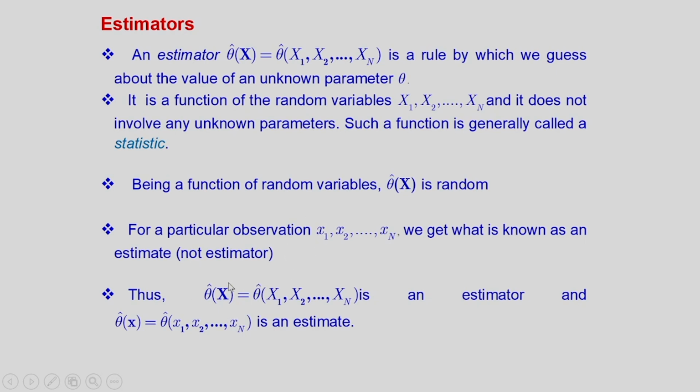Thus, when we consider it in terms of random variables, theta hat of X, that is equal to theta hat of x1, x2 up to xn, is an estimator, and theta hat of small x vector, that is theta hat of small x1, small x2 up to small xn, is an estimate. So, we have to distinguish an estimator and an estimate.